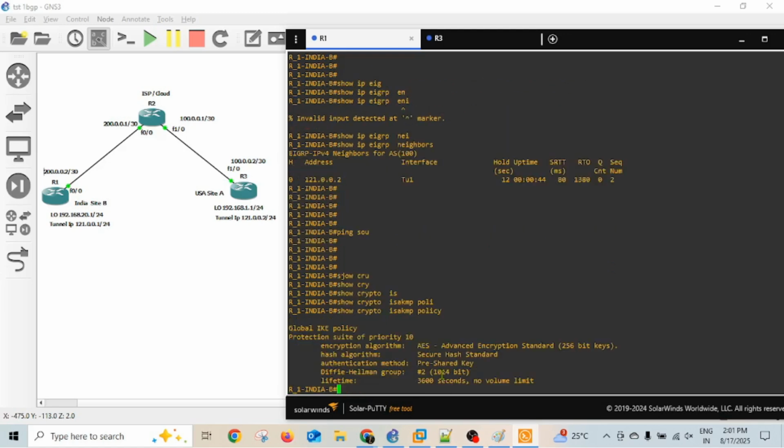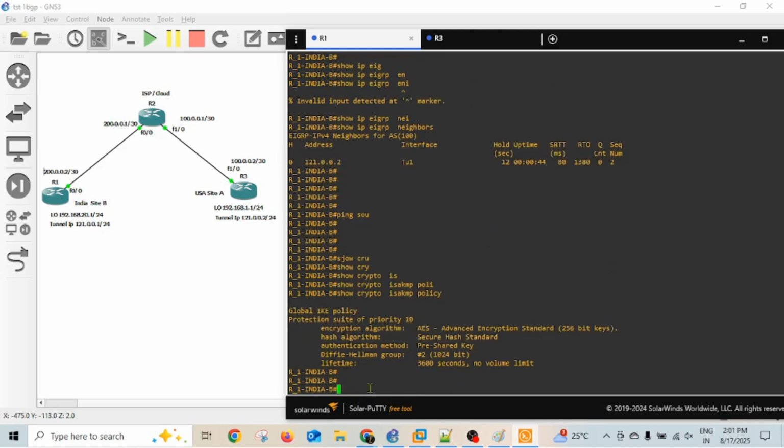So you need to check the policy, what policy is defined. Okay, so here is everything you can check. Lifetime, key limit, everything you can check.